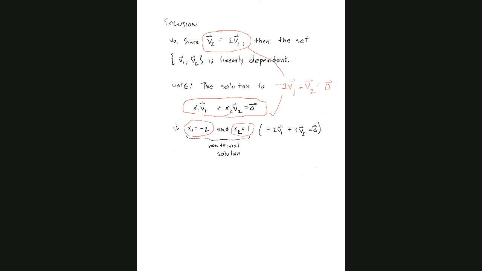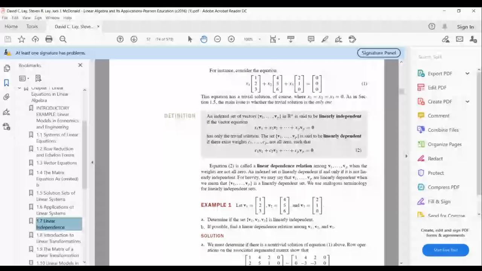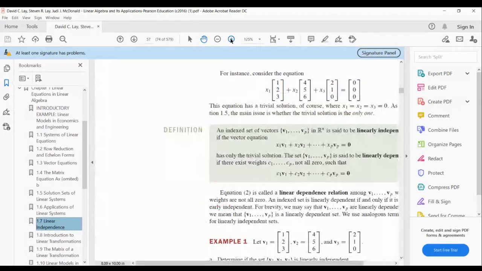Hold on. One moment here. Yep, this is what I want. Can everybody see the textbook well here? All right, great. Maybe I can load this up a little bit.